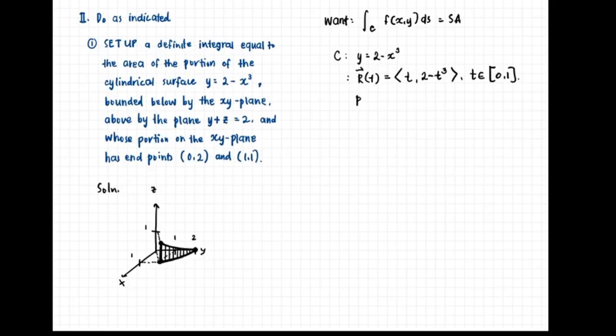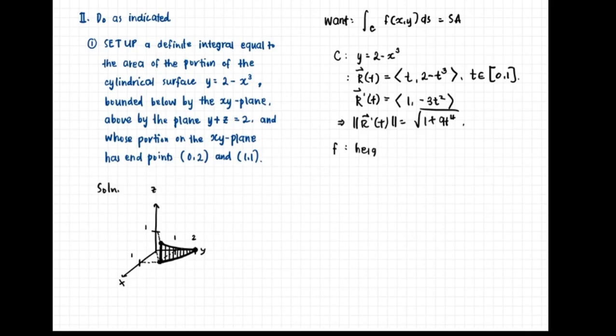Computing for r prime, since we need this for ds later on, r prime has components 1 and negative 3t squared, in which case its norm is equal now to the square root of 1 plus (3t squared) quantity squared, that would be 9 times t to the fourth power.